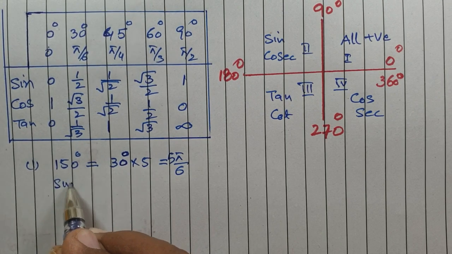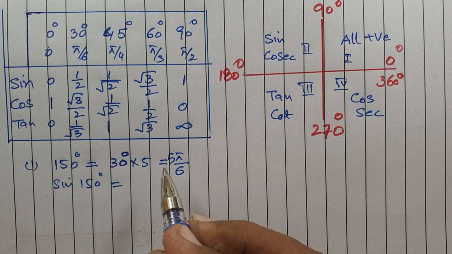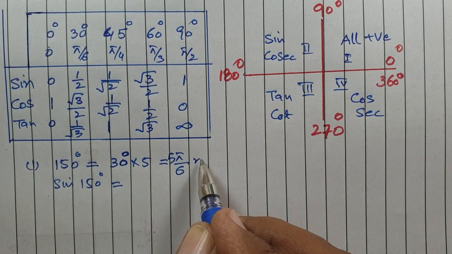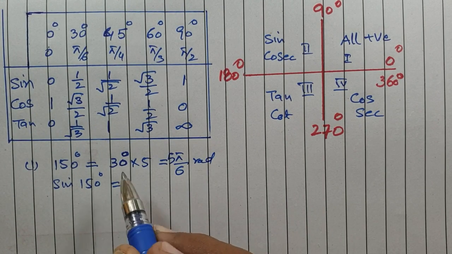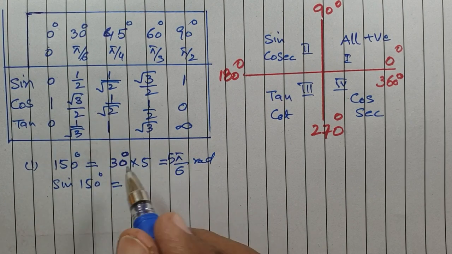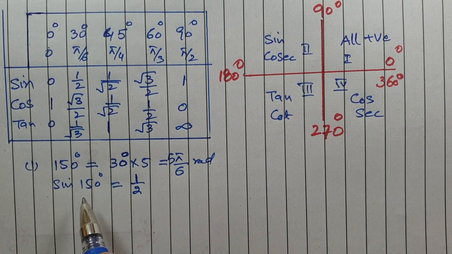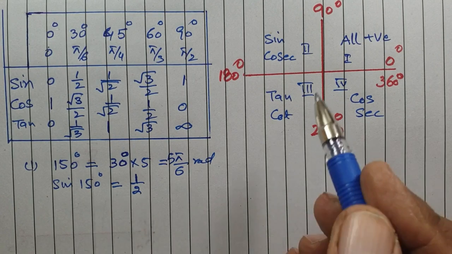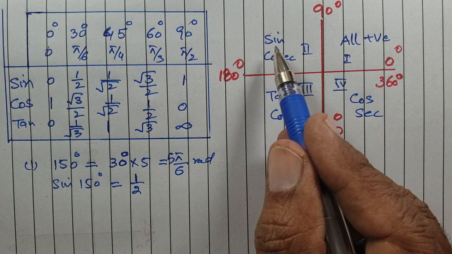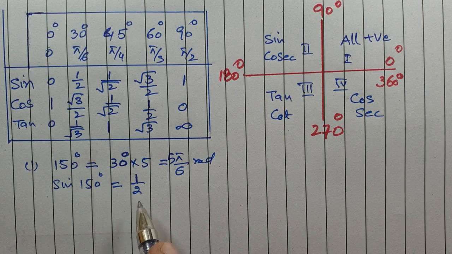For sine 150 degree, the value is for 30 degree or pi by 6 radian. What is the value for sine 30? It is 1 by 2. But the angle is 150. It lies in the second quadrant, and in the second quadrant only sine is positive, therefore it will be positive.